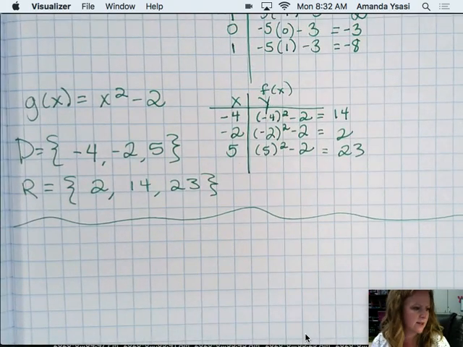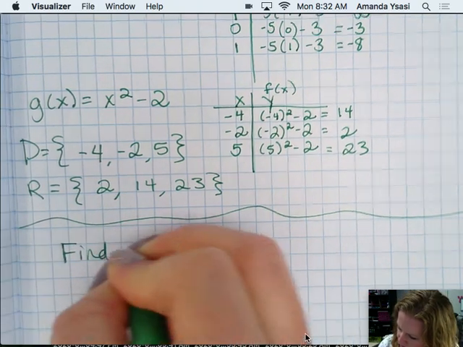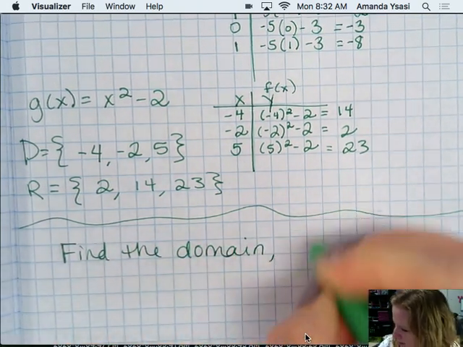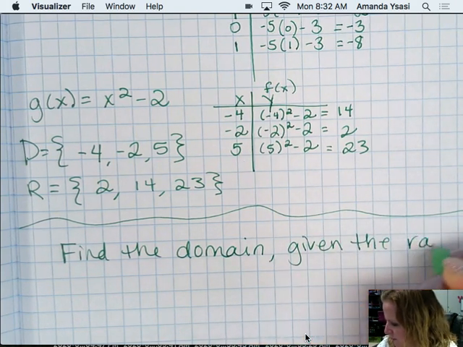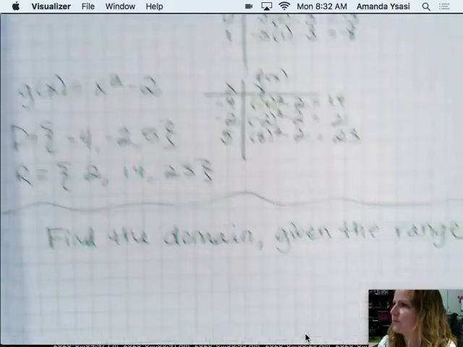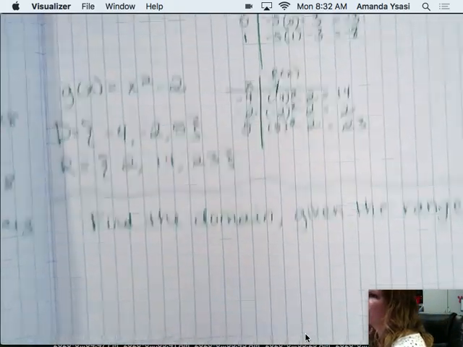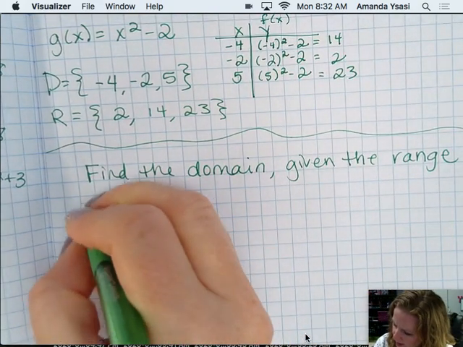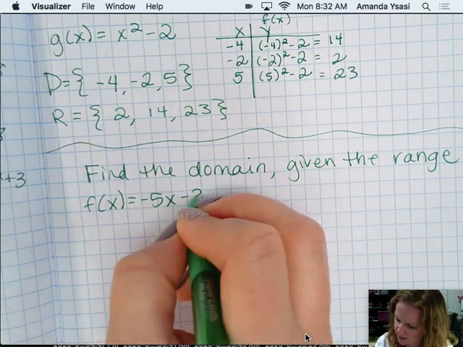Okay, then the last part of this, it says find the domain given the range. So we have f of x equals -5x minus 3.